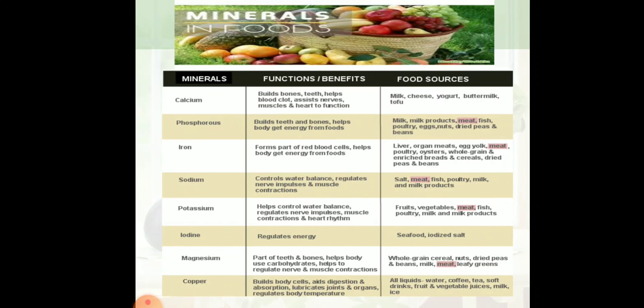The sources and importance of minerals in our body are given in the slide. Mainly the important ones are calcium, phosphorus, iron, sodium and iodine. This table shows you more than that, but we are just going to study these 5 minerals.